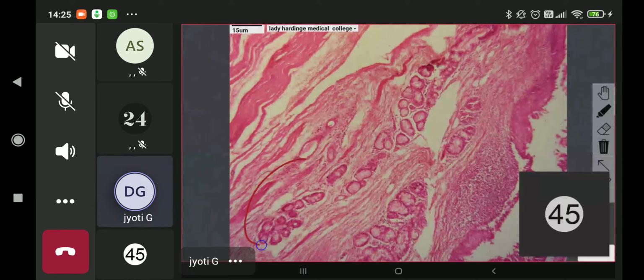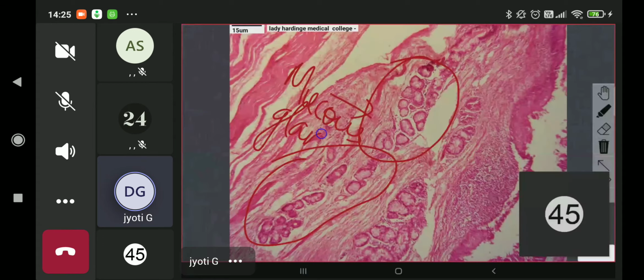So basically you are seeing completely differentiated, very mature kind of tissues, but all this is admixed with each other. It is not organized properly, right? So it is mature, fully differentiated tissue and of different types, varying types, and germ layers.